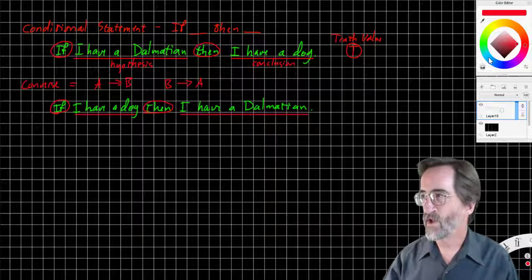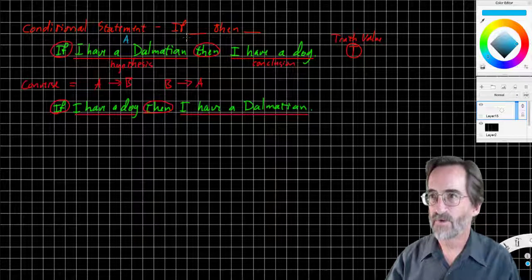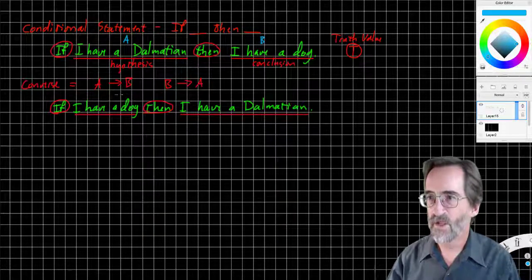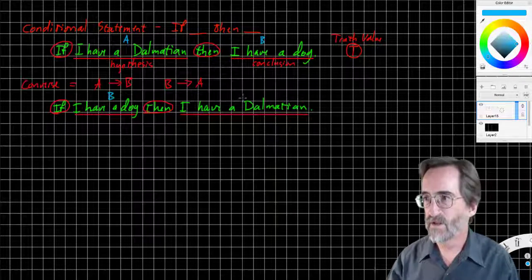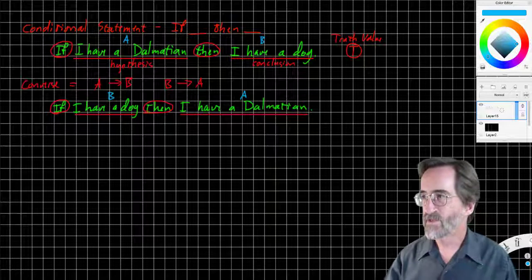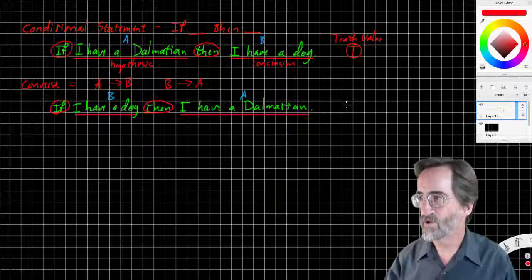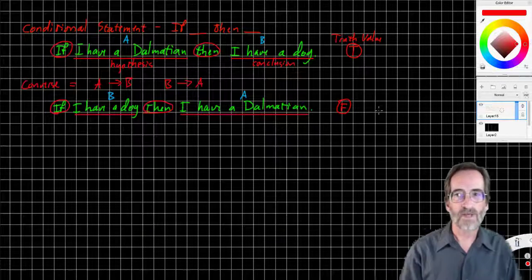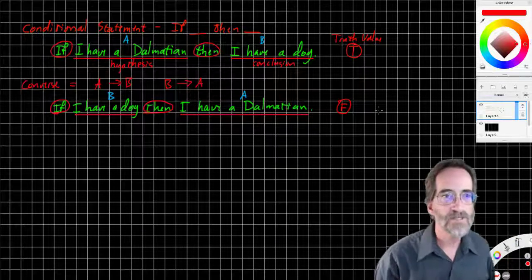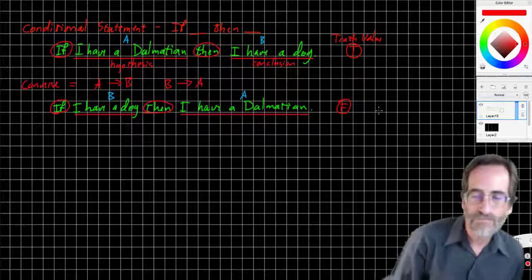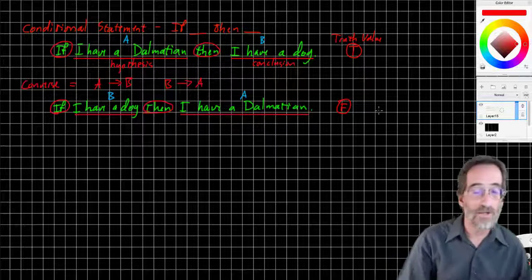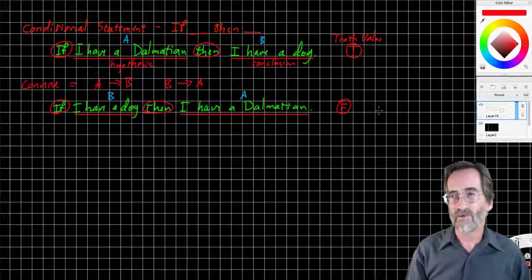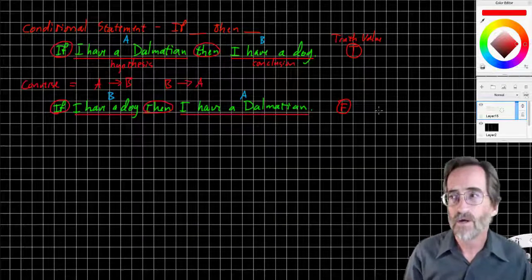So note that A implies B became B implies A, and this has a truth value of false. Because having a dog does not mean you necessarily have a Dalmatian. You could have a German Shepherd, you could have a Husky, you could have a Chihuahua, right?